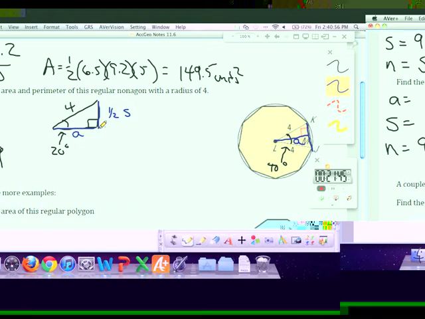Oh boy. If I give you a right triangle and I tell you an angle and the hypotenuse, we need to know the apothem, and we need to know the side length. The apothem on our little right triangle is this length, and half of the side length is this leg over here.